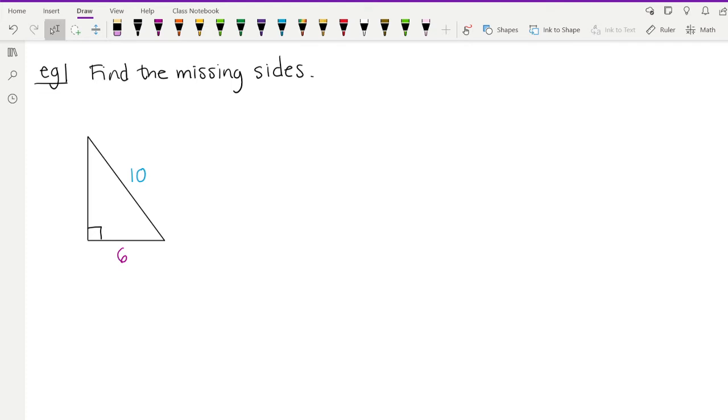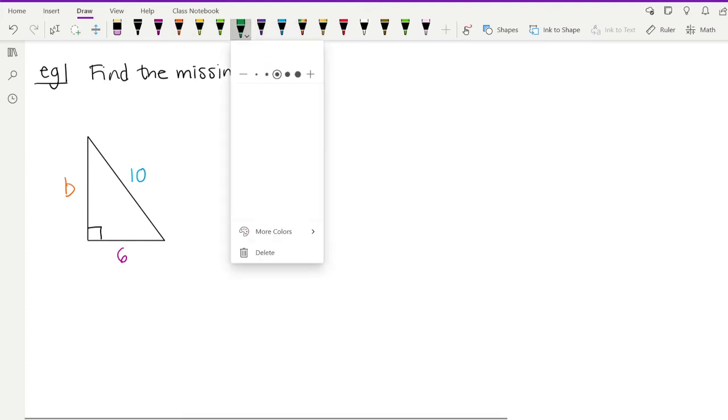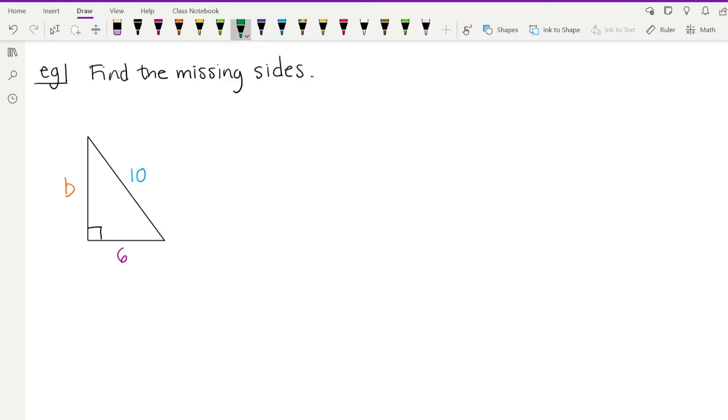Okay, so we want to figure out the length of this missing side here. Let's label it B. Let's call 6 A, this missing side B, and the hypotenuse in this case is 10. So we would say 6 squared plus B squared is equal to 10 squared. So we get 36 plus B squared is equal to 100.